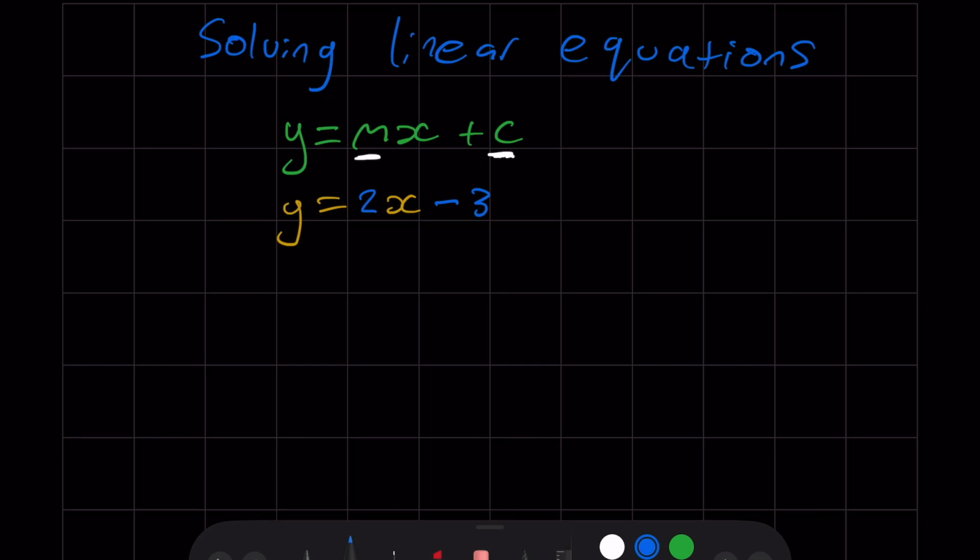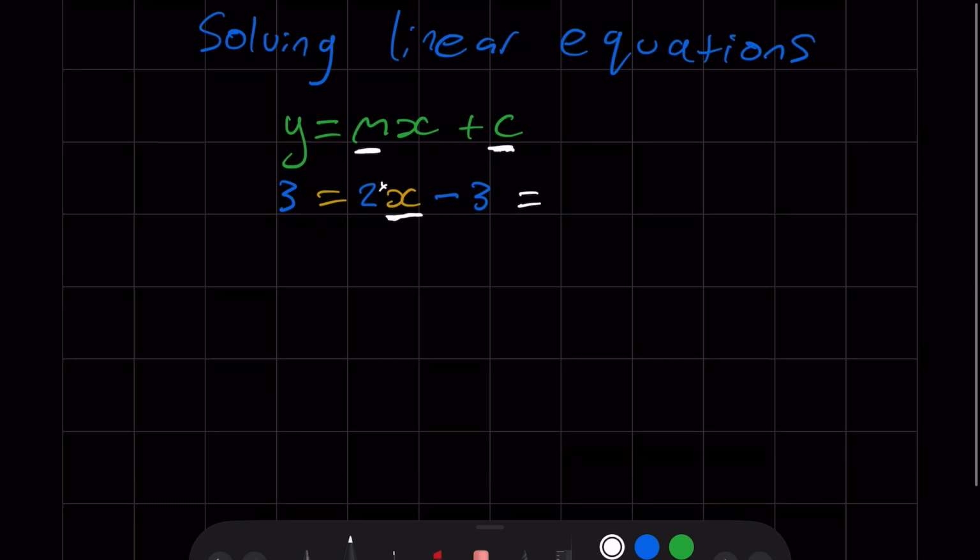To solve a linear equation, they usually give you a value here at the start. Instead of y, they will give you a value. Perhaps they'll give you the value of 3. So they will write 3 equals 2x take 3. To solve this linear equation, we want to find what this x value needs to be for 2 times x minus 3 to equal that value, 3, this value at the front.